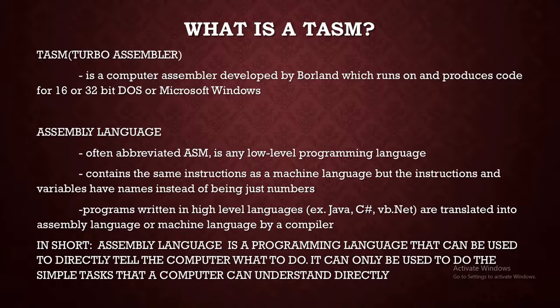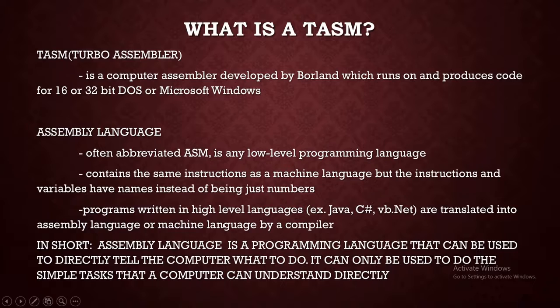It is any low-level programming language which contains the same instructions as a machine language. So we all know that the machine language is the only language that a computer understands. But the instructions and variables have names instead of being just numbers. So that is the assembly language.